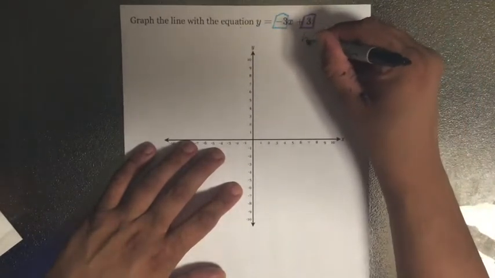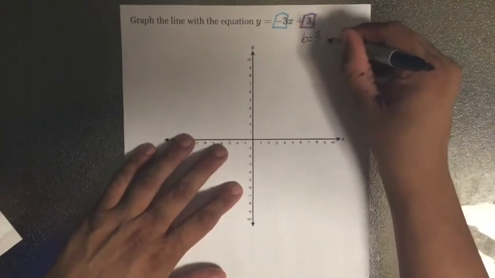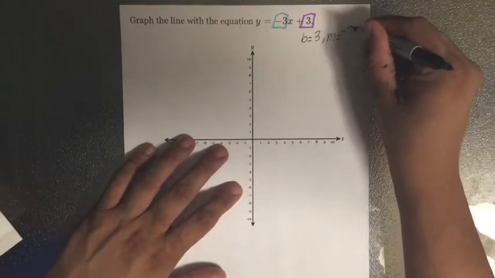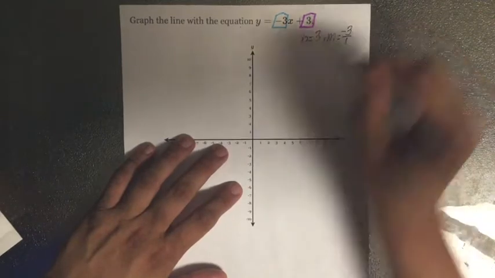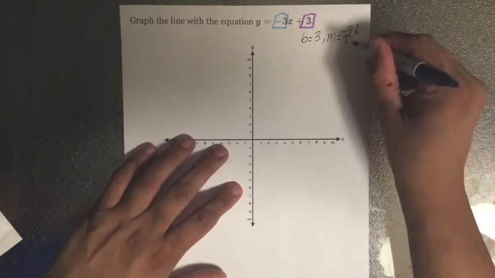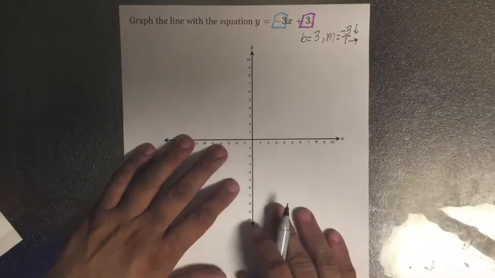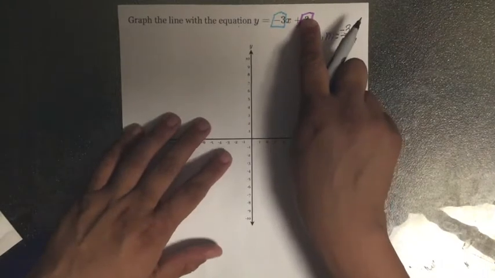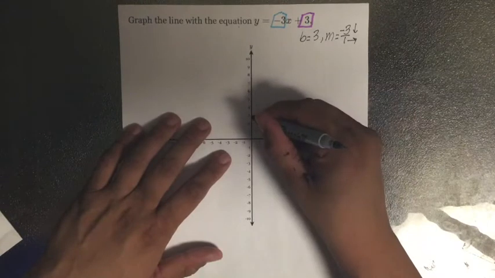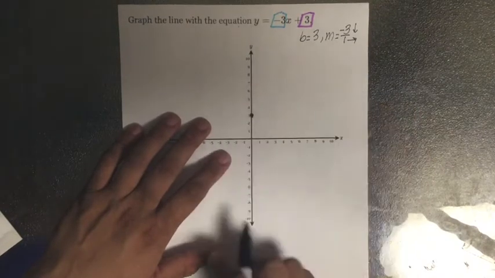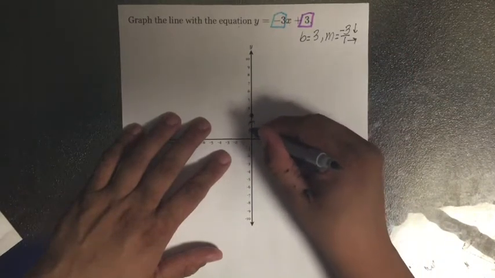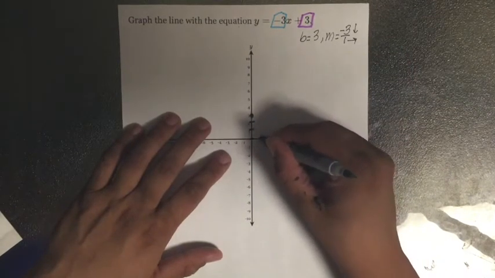Here, b is equal to 3, and m is equal to negative 3, but I need it to be a fraction, so I'm going to put a 1 under it. Negative 3 means go down 3 and to the right 1. So I start on 3, I'm going to put a point. And this says go down 3 and over 1. 1, 2, 3, and over 1.